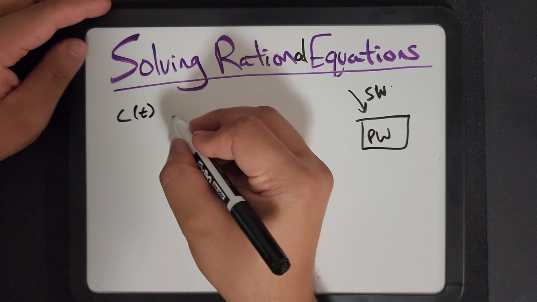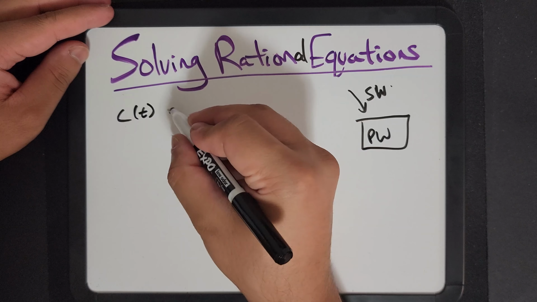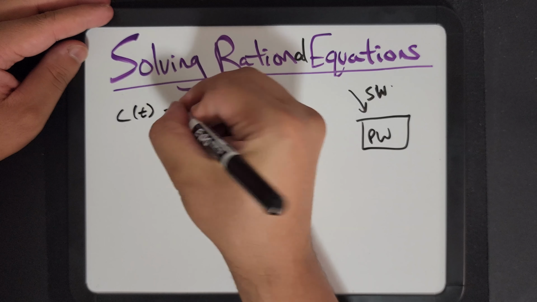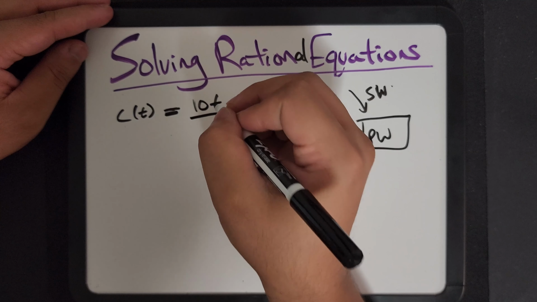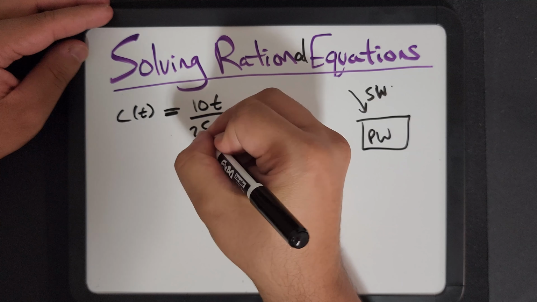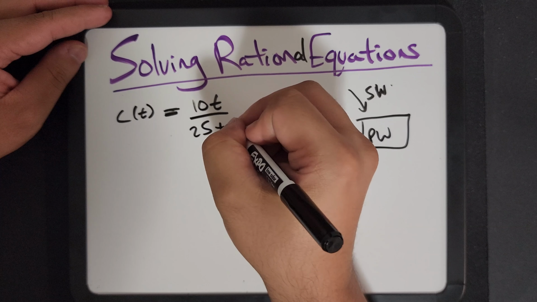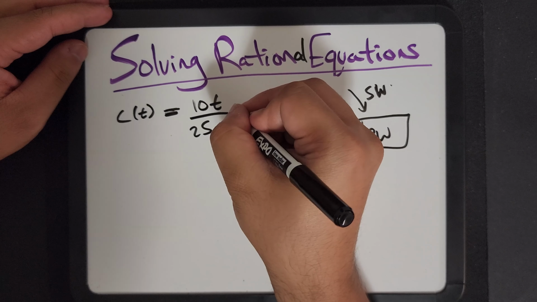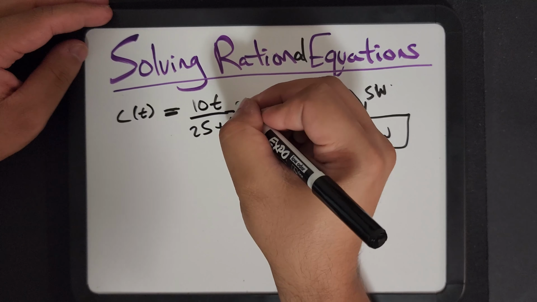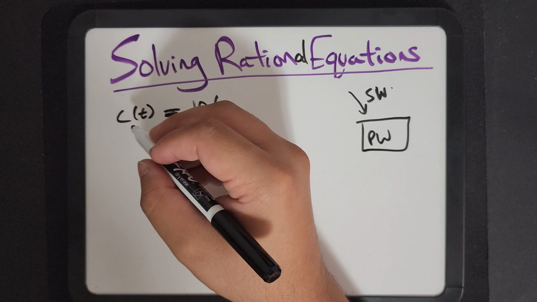How many minutes have gone by? The concentration is equal to 10 times t over 25 plus t, and c is equal to grams per liter.